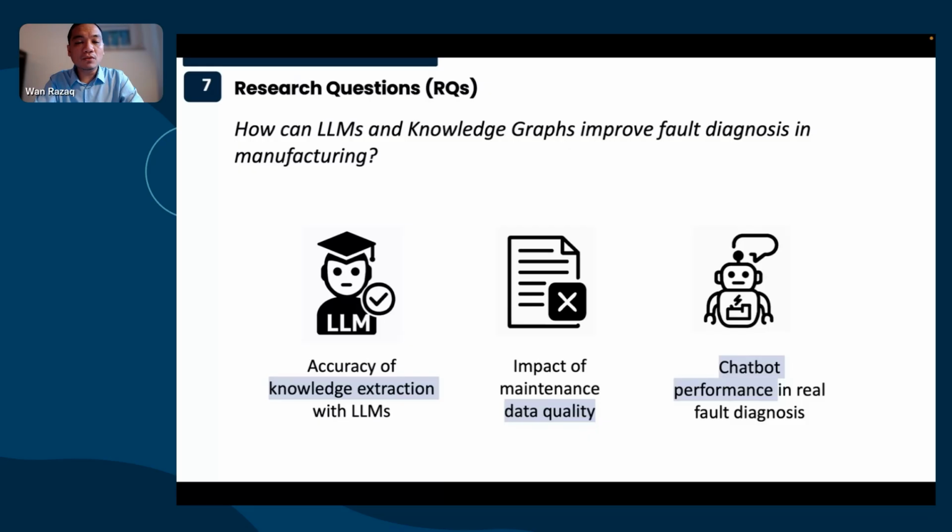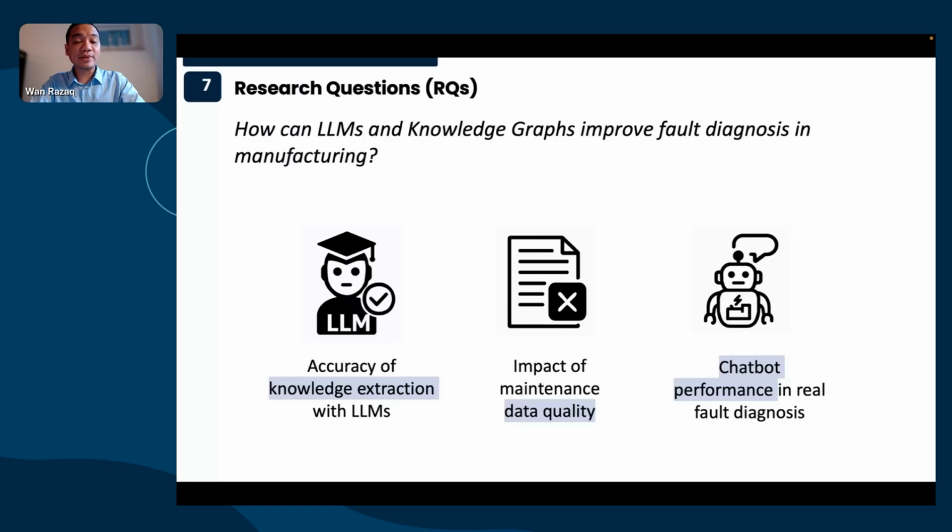And then, what are the research questions that I'm going to discover by this research? How can LLMs and knowledge graphs improve fault diagnosis in manufacturing? So this is the general research question. Specifically, I want to look at the accuracy of knowledge extraction when it's coupled with an LLM.